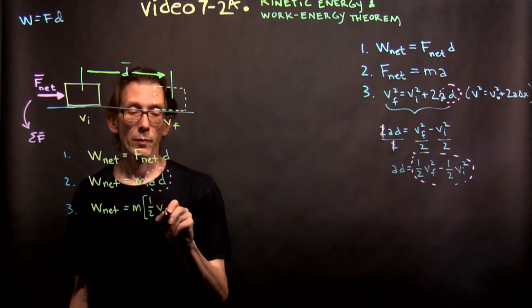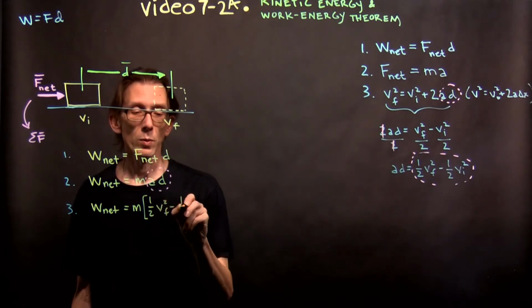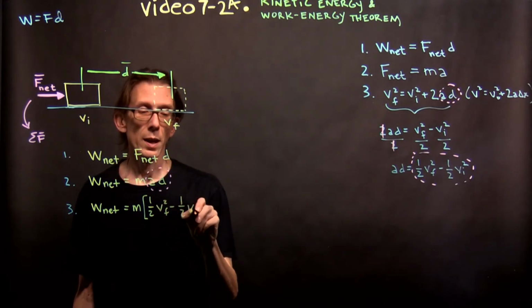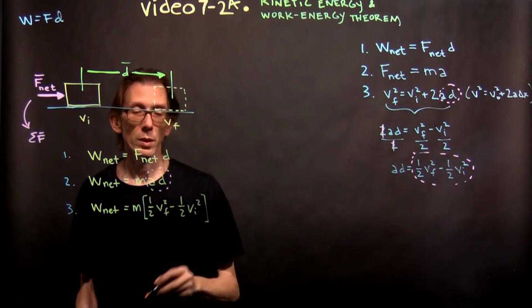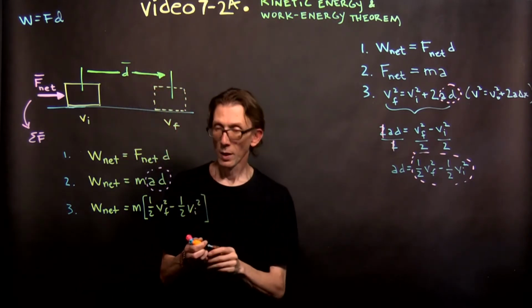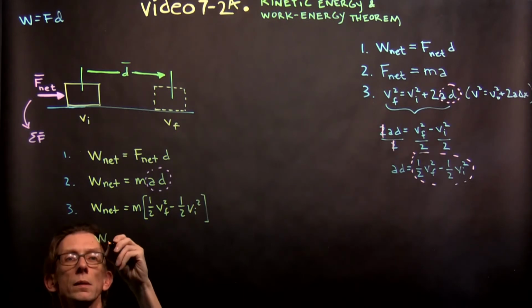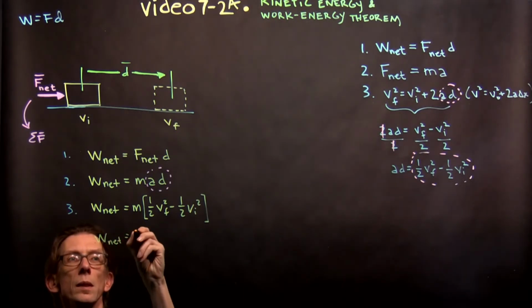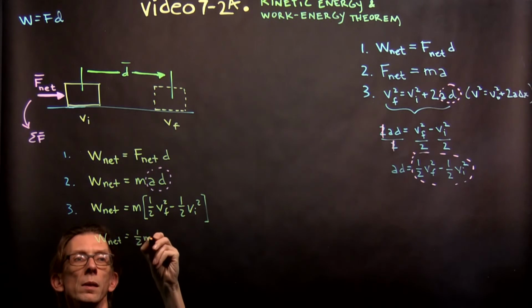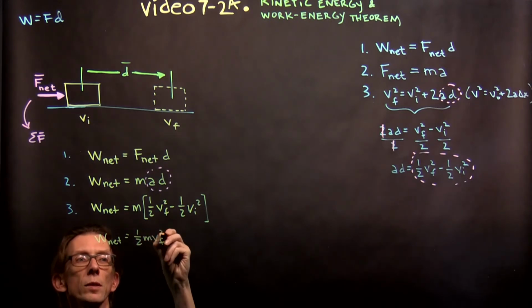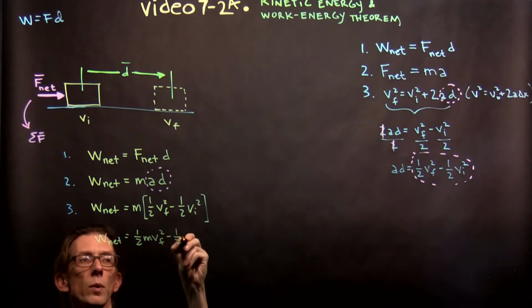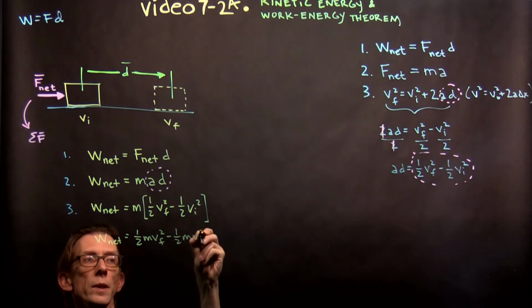VF squared minus 1/2 VI squared. So we can write work net equals 1/2 MVF squared minus 1/2 MVI squared.